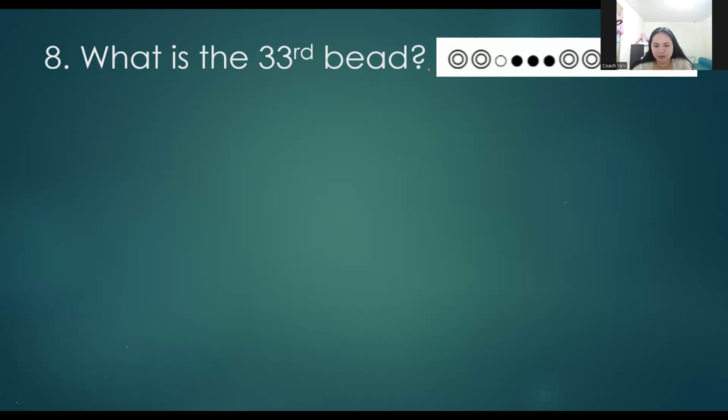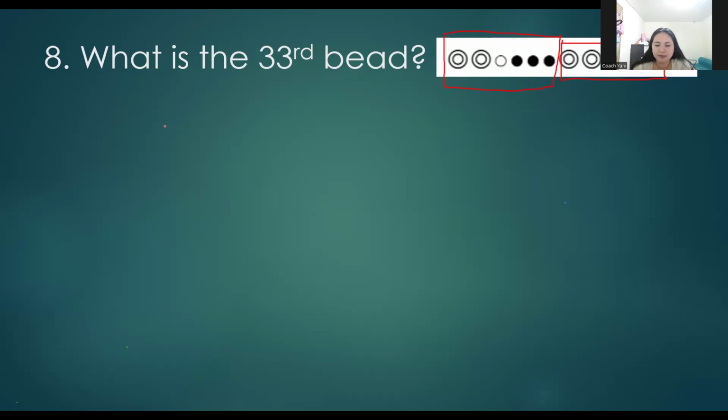What is the 33rd bead? So here, what is the pattern? It's up to here, right? You have circle, circle, and then this bead, and then the shaded beads. You can see that it repeats the same pattern.